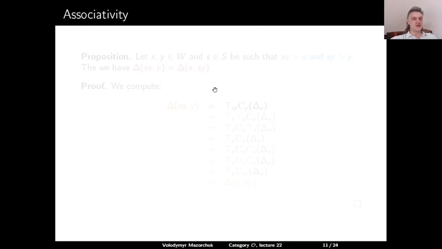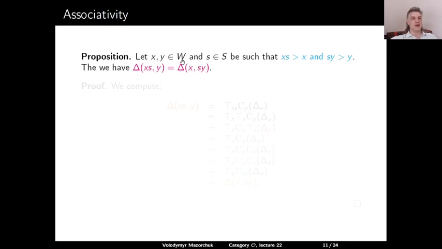The next interesting property of twisted Verma modules is associativity. Assume that x and y are two elements in W, and s is a simple reflection such that xs is greater than x, and sy is greater than y. Then the module delta xs, y is isomorphic to the module delta x, sy. For the proof, we again compute.